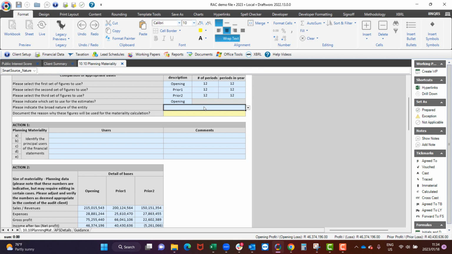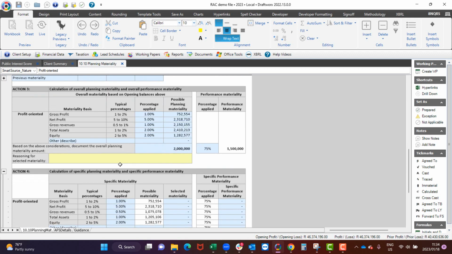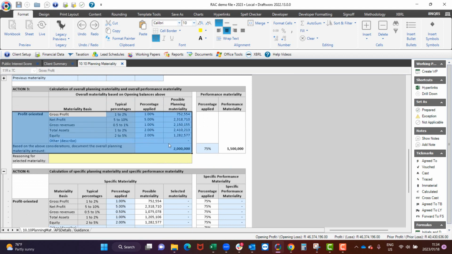Okay. Something we also need to do in the setup section is we need to identify what the broad nature of the entity is. So are we dealing with an NPO or an NPC, or are we dealing with a normal profit-oriented company? That's important because that drives my action 3. So which figures to use in determining the materiality basis and then ultimately determining the materiality amount.